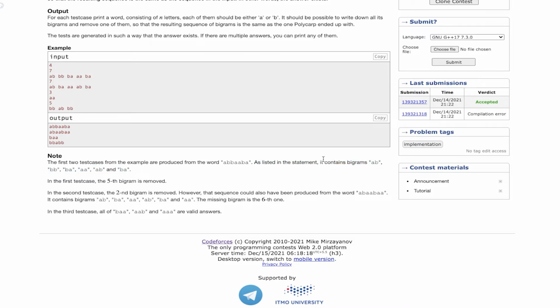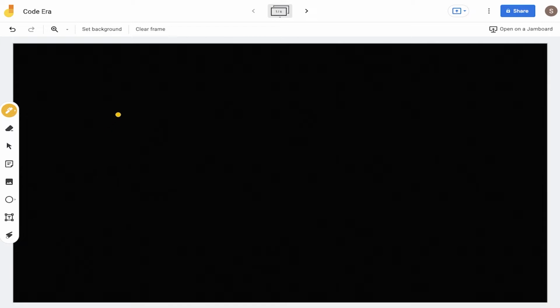So from here you can see that the AB bigram is missing. If we remove this bigram from this sequence, we would get the same sequence as given in the input. So the answer for this input is this word.